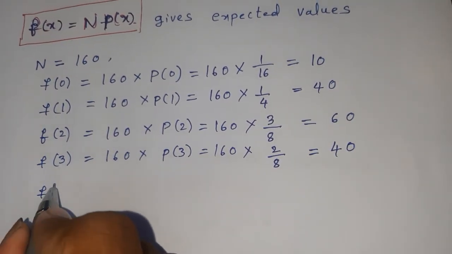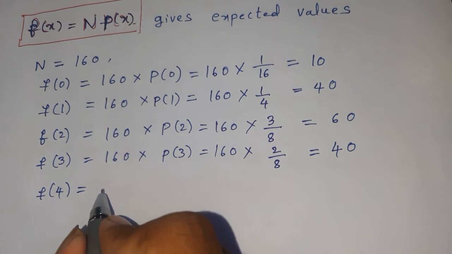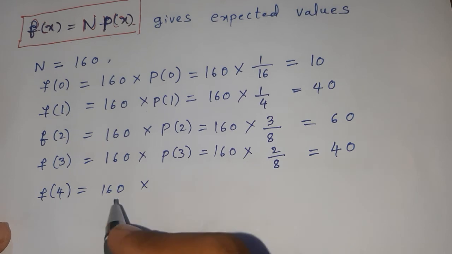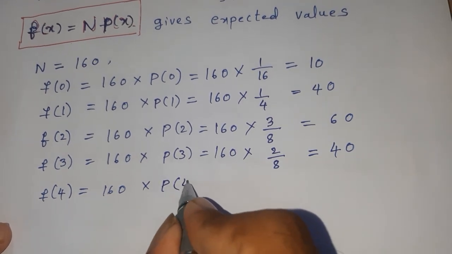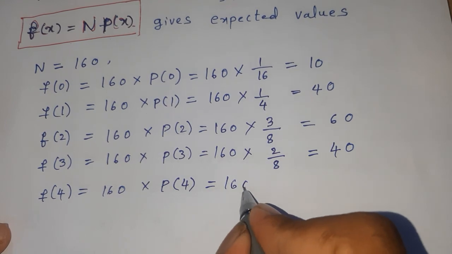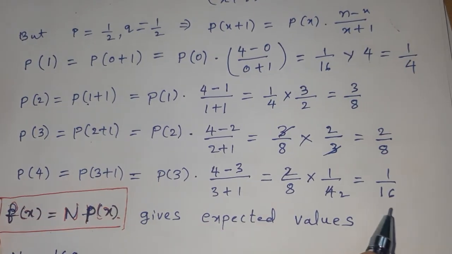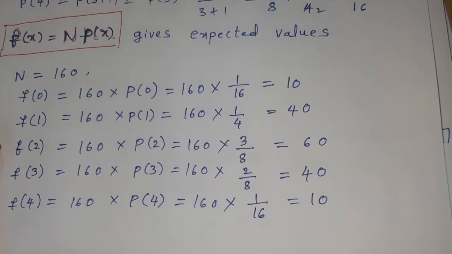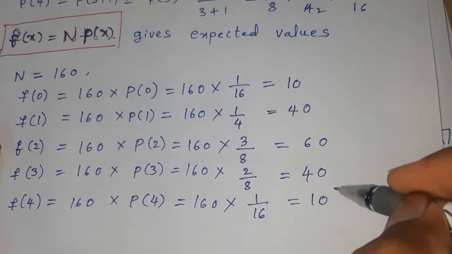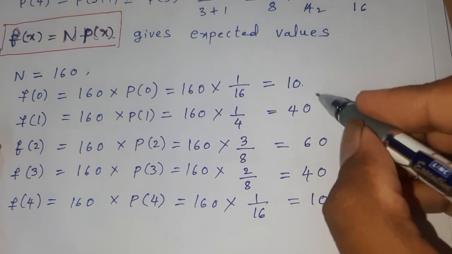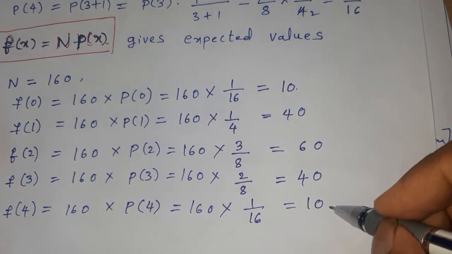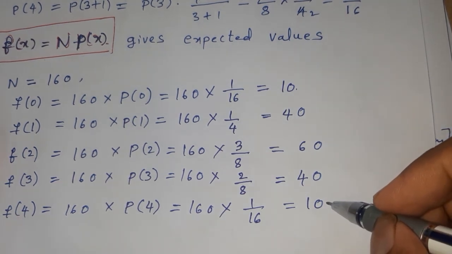Finally, for getting 4 successes, the number of cases is 160 into p of 4, which is 1 by 16, so 10 times. Summing all these values: 10 plus 40 is 50, 50 plus 60 is 110, 110 plus 40 is 150, 150 plus 10 is 160. That is equal to capital N.